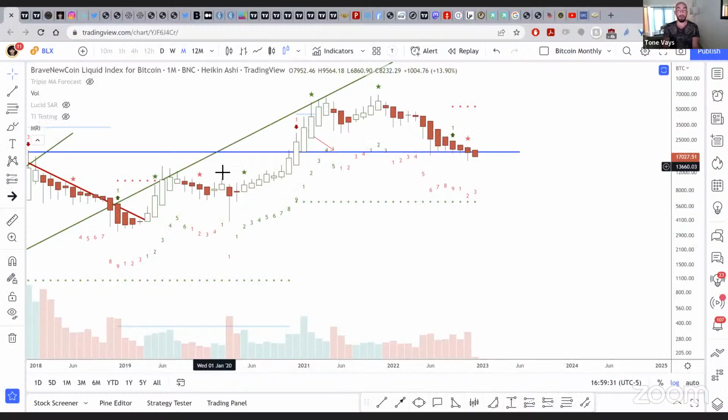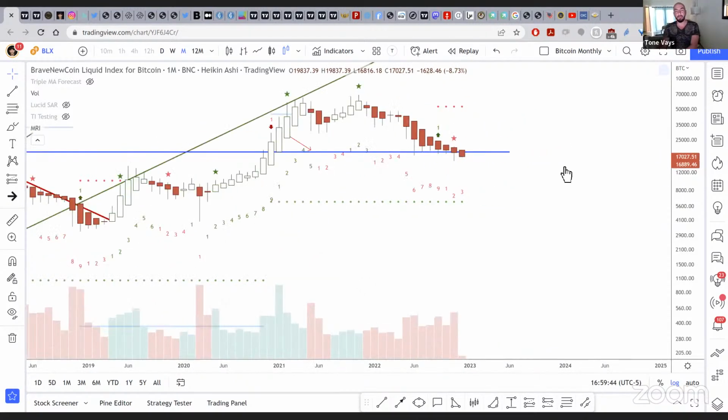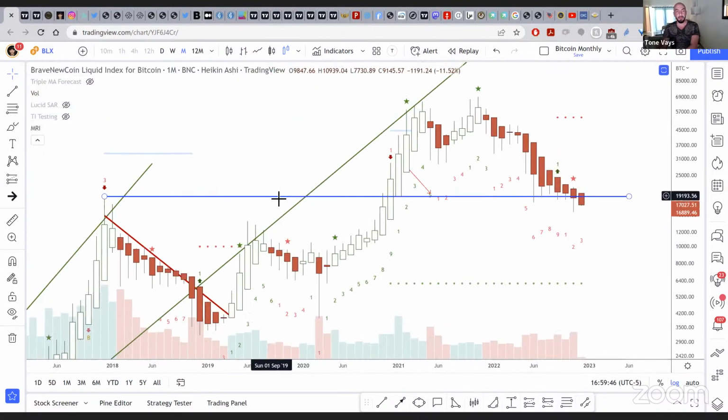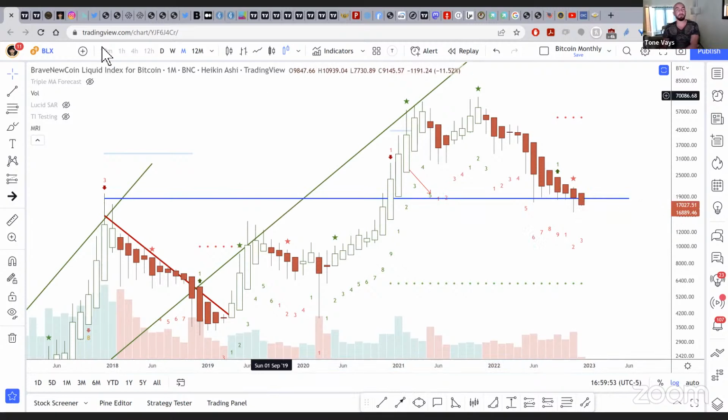Okay, so here we are on a monthly look. We are now a couple of days in, and we can see that this Fibonacci chart is not looking very well. We've broken this line, but we still need to close above this line. I'm going to adjust this line a little bit to the bottom of last candle's close.